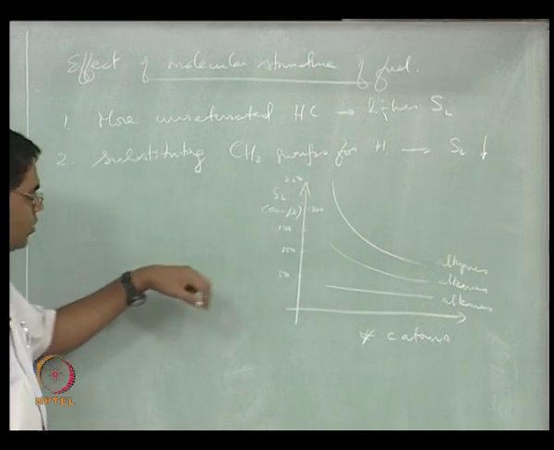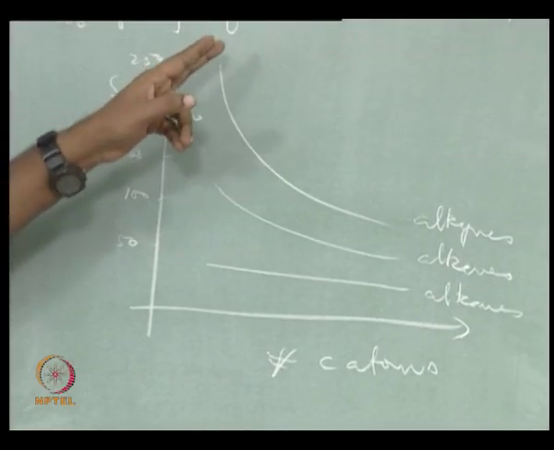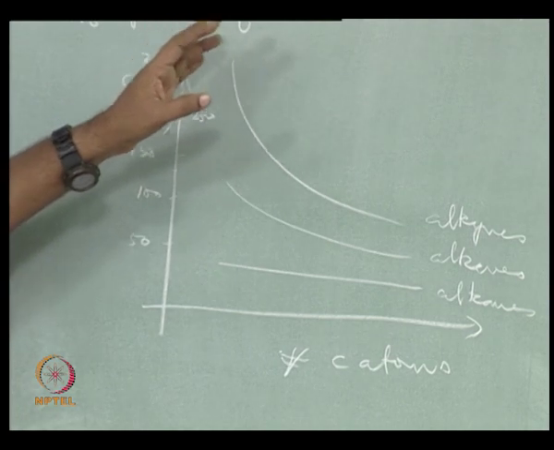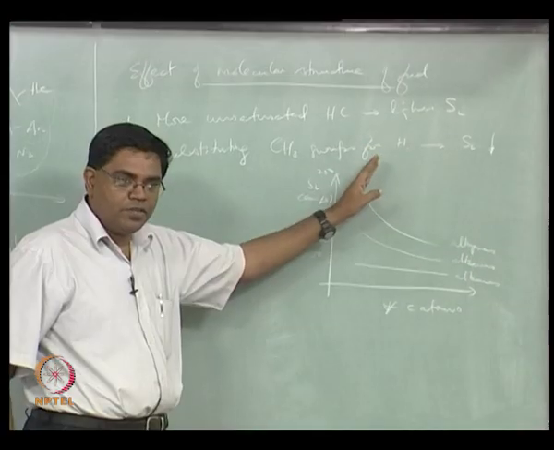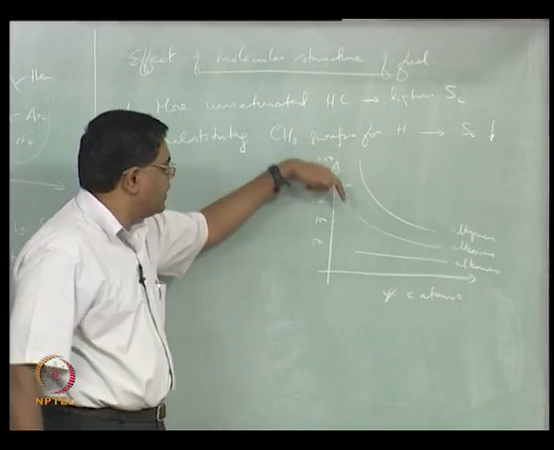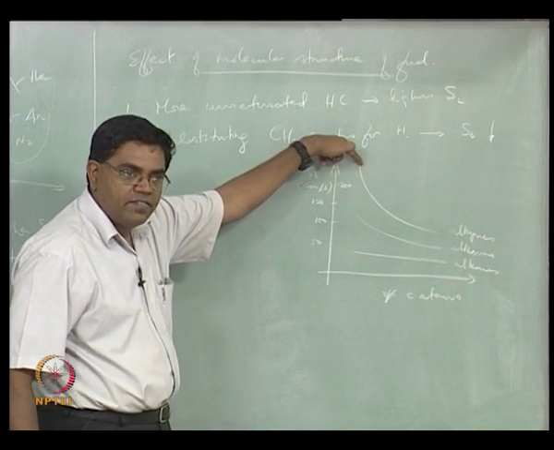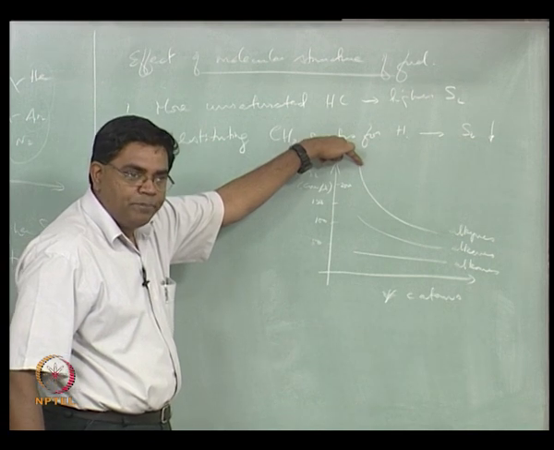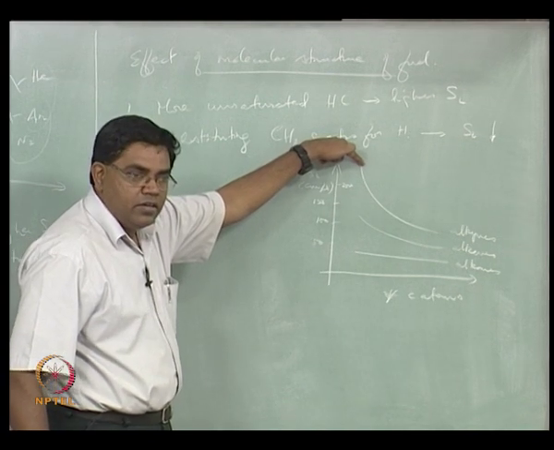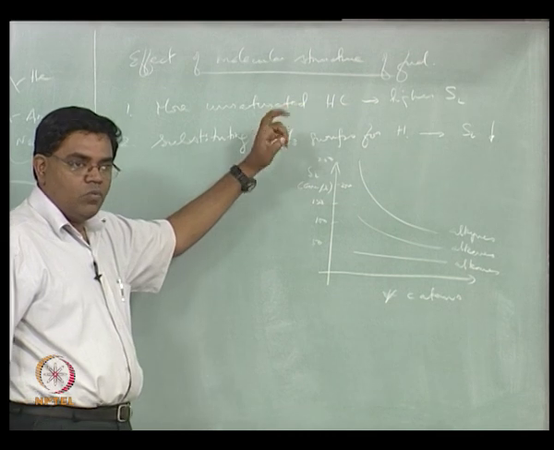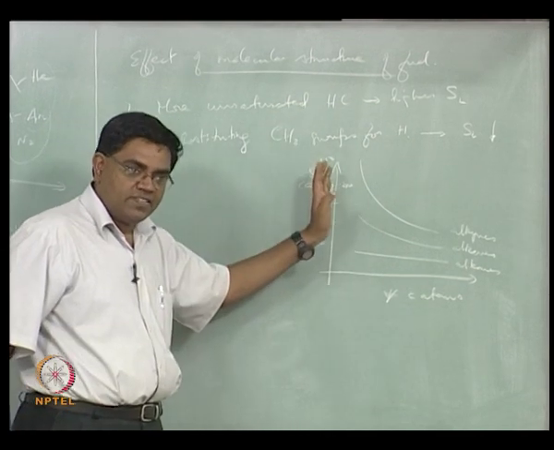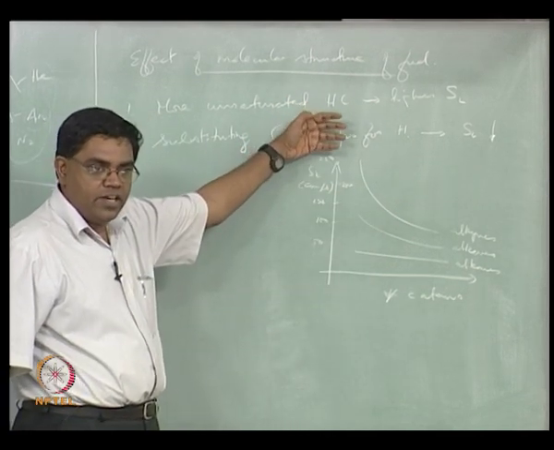Now of course when you're talking about alkynes, you're looking at a triple bond, so obviously you need to have at least two carbon atoms for a triple bond to be formed in between. So this is acetylene, and you can see that acetylene has a very high flame speed for two reasons. One, the number of carbon atoms is less, and it is unsaturated, it's highly unsaturated.